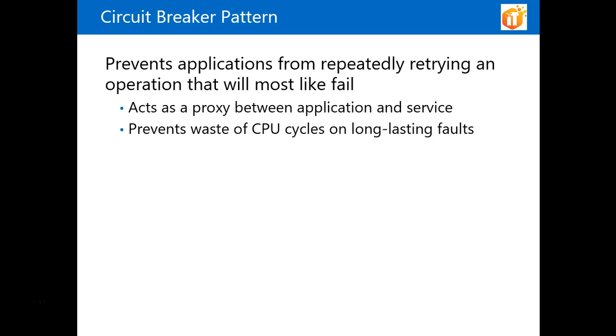These blocked requests might hold critical system resources such as memory, threads, database connections, and so on. Consequently, these resources could become exhausted, causing failure of other possibly unrelated parts of the system that need to use the same resources. So in these situations, it would be preferable for the operation to fail immediately and only attempt to invoke the service if it's likely to succeed.